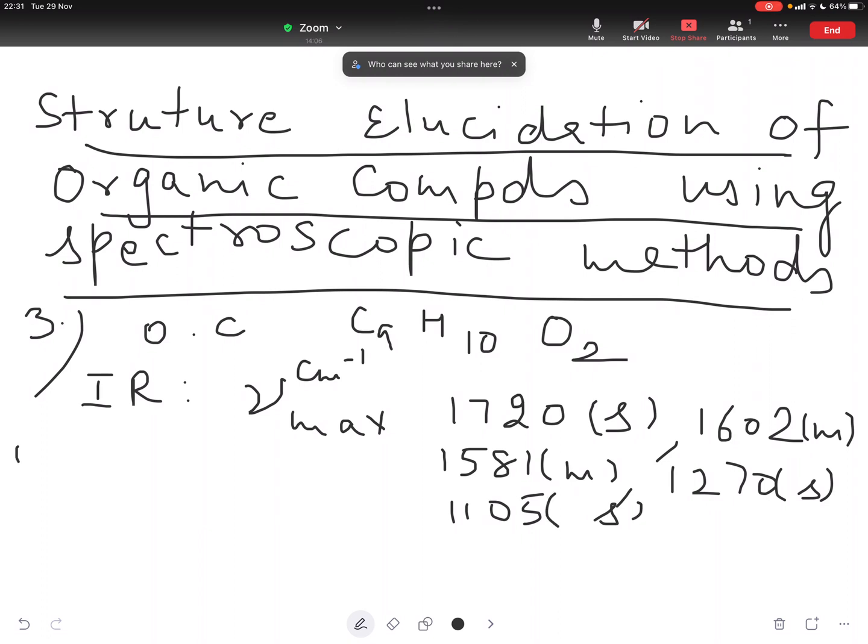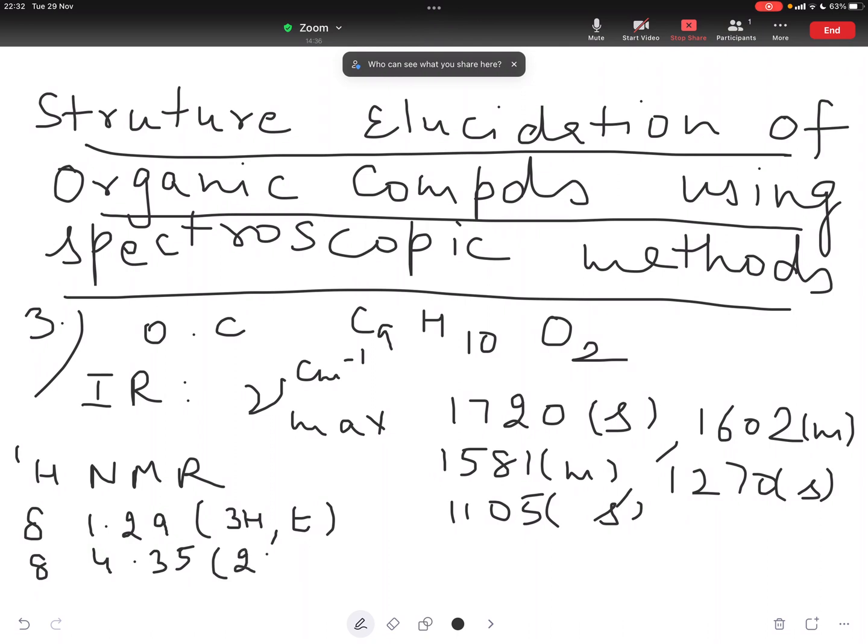And in NMR we get a triplet at 1.29 due to three protons. Then we get a quartet at 4.35 due to two protons.